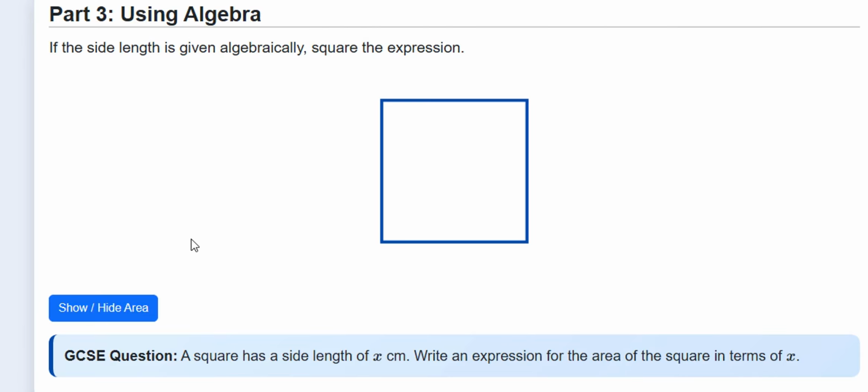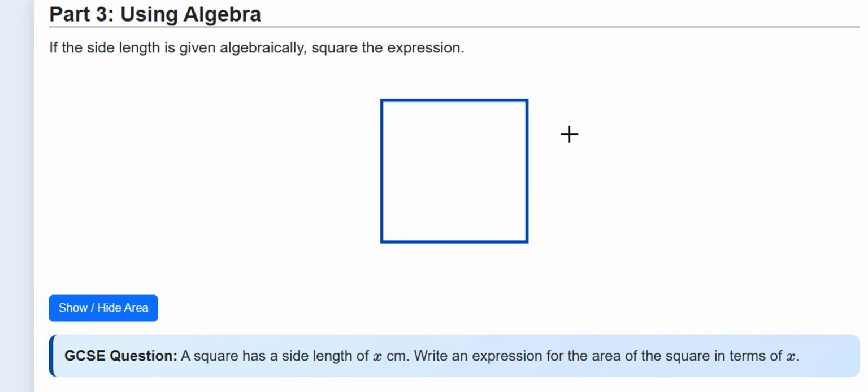Sometimes you can be told to write the area of the given square in terms of a given variable, like in this case x, and that is algebra. So in this question you are told a square has a side length of x centimeters, then write the expression for the area of the square in terms of x.